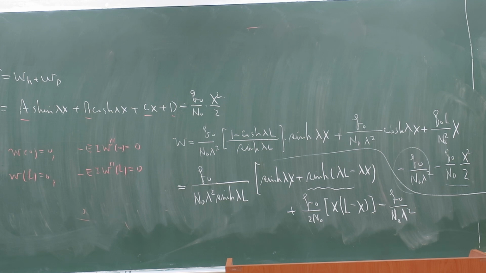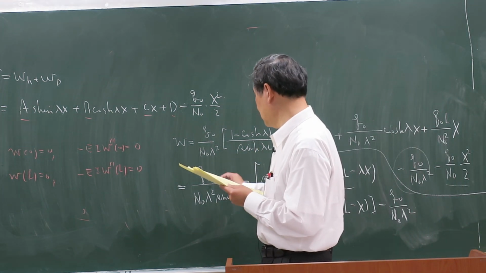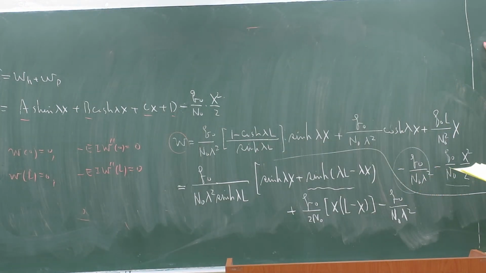But anyway, it can be further combined by normalizing this W with Q0 L squared over N0, and finally it will be equal to 1 over (lambda L) squared, times the bracket of hypercosine lambda L(1/2 minus x/L)... over hypercosine lambda L over 2, minus 1, plus half x over L times (1 minus x over L).